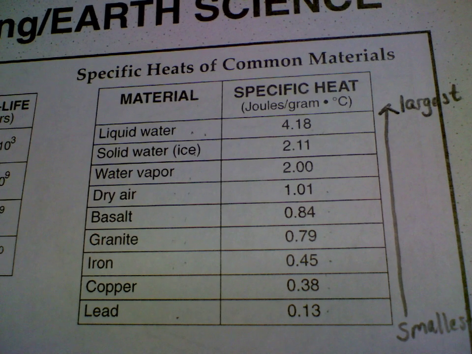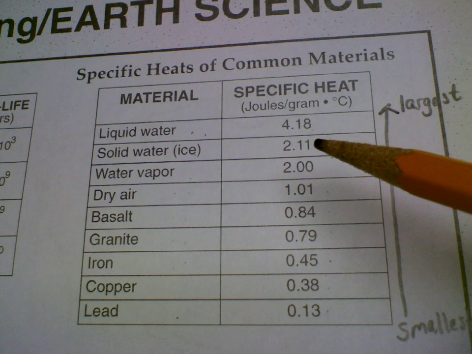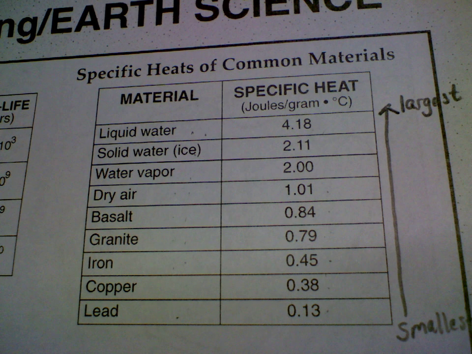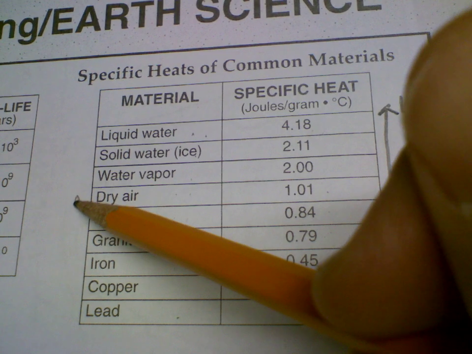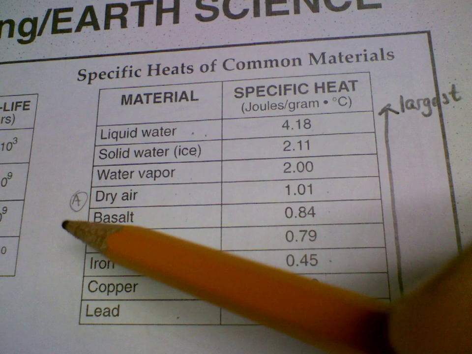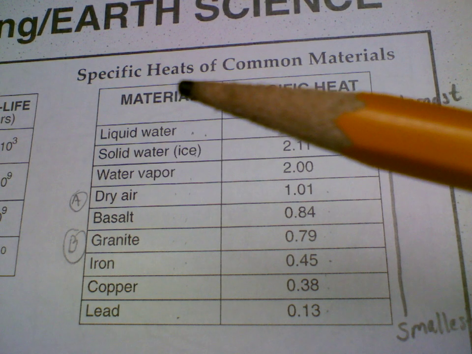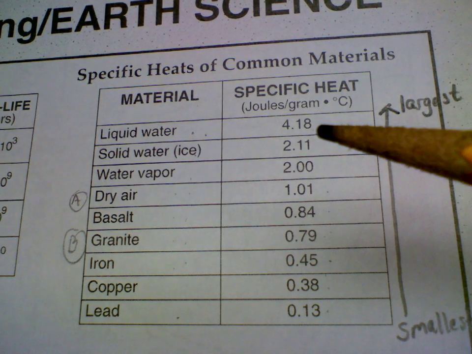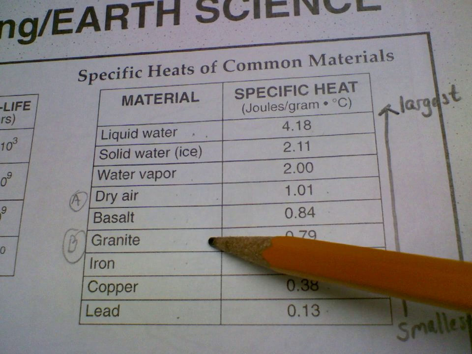Now, knowing that, let's just say I get a question: what is going to change temperature quicker, dry air, we'll make that choice A, or granite? So how are you going to figure that out? You're going to compare the specific heat of dry air to granite.